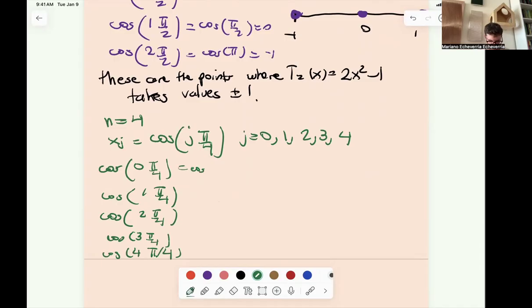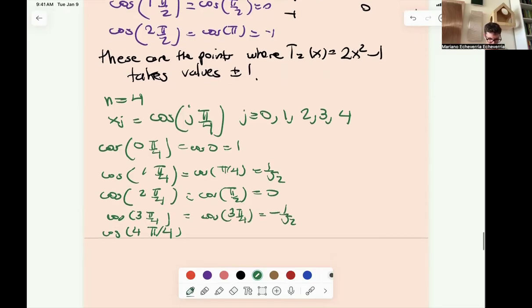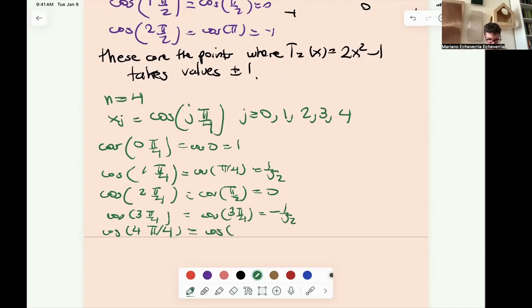So again, that's cosine of 0, which is 1. Cosine of pi over 4 is 1 over root 2. That's one way to write it. Cosine of pi over 2 is 0. Cosine of 3 pi over 4 is minus 1 over root 2. And cosine of pi is -1.